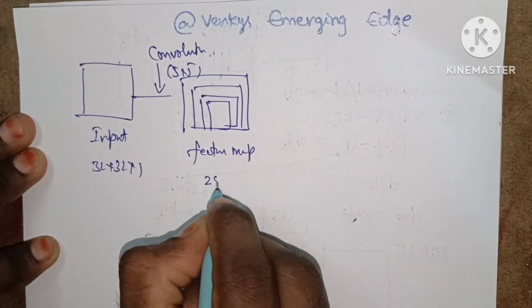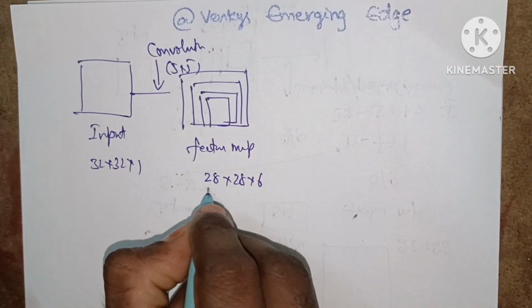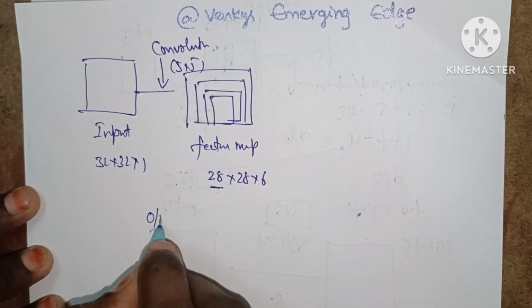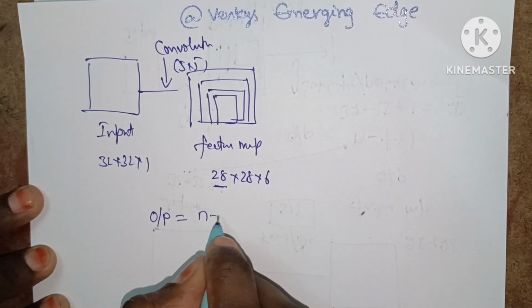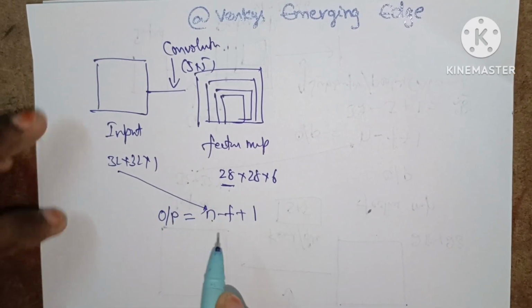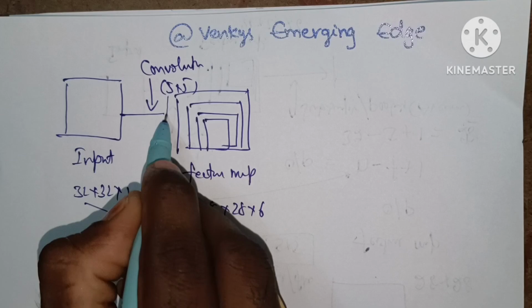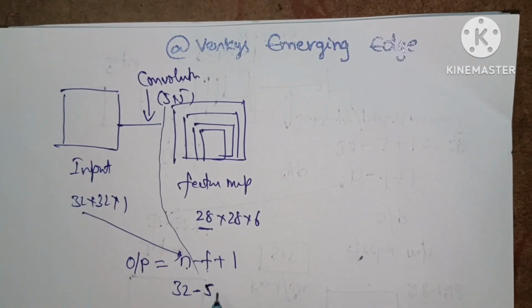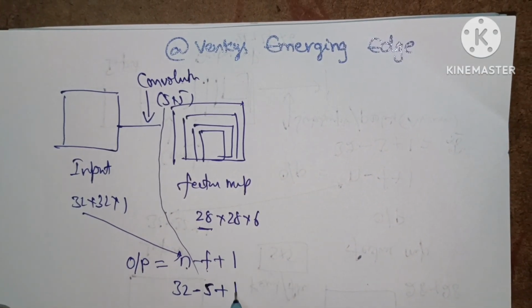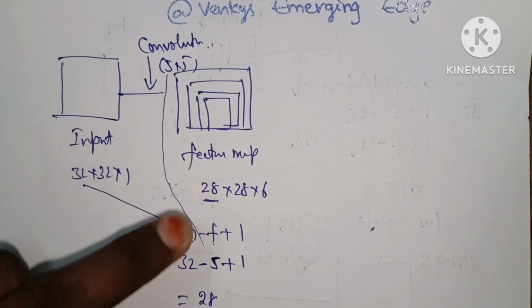The feature map size is 28 into 28 into 6. I think all of you know how to get 28. The output shape equals n minus f plus 1. N is the size of the input image, 32, minus f, the filter size, 5, plus 1. Finally 28. It is the size of the feature map.